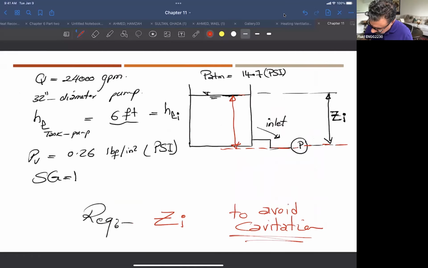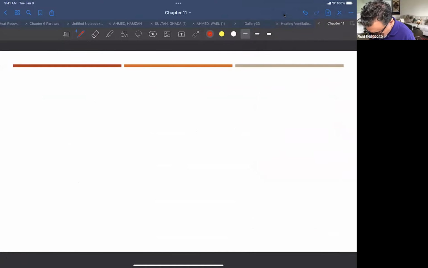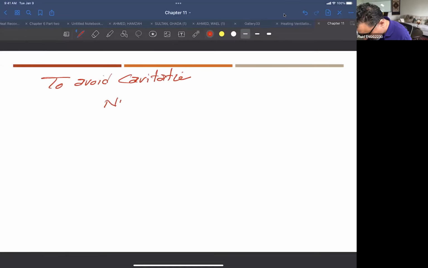At the same time, let me just add this. To avoid cavitation, the net positive suction head required by the pump has to be less than the available, which has four terms.